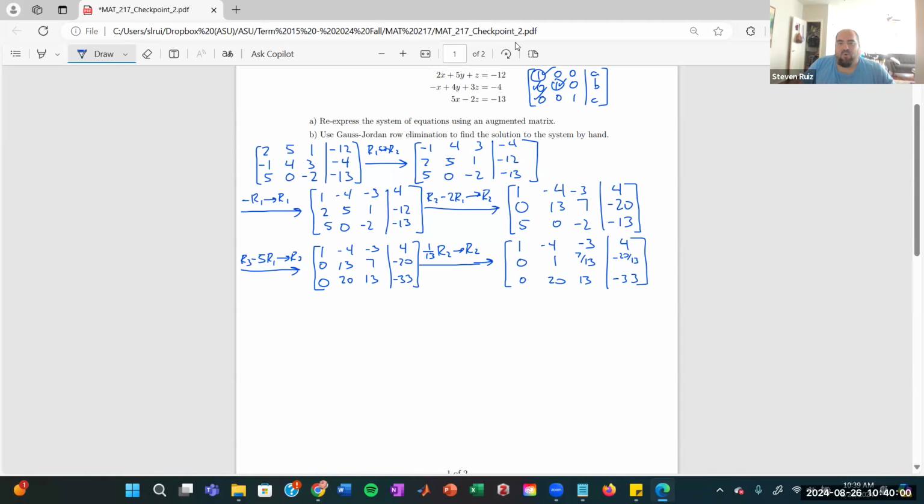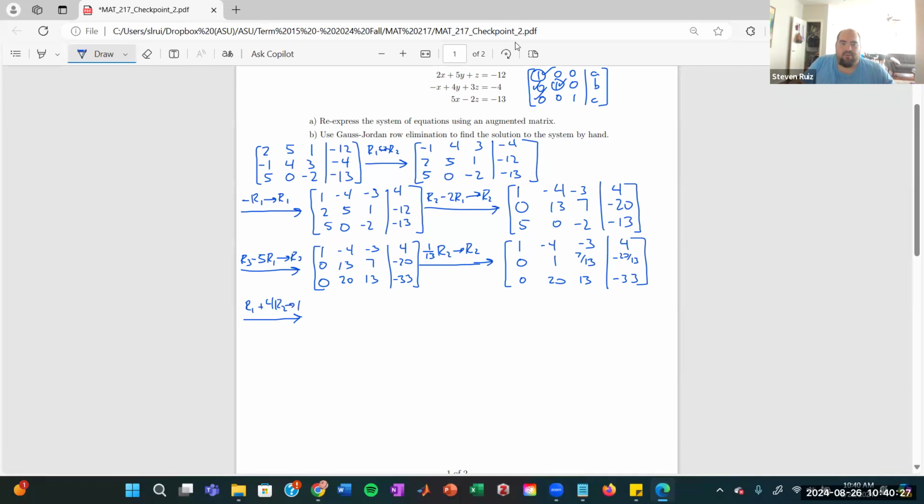Okay, so now we got 4 of these elements set up. So now that I have a 1 in the middle of this column, I want to get zeros everywhere else in this column. So my next step, I'm going to clear out that -4. So how am I going to do that? I'm going to take row 1 and I'm going to add 4 row 2s to it.